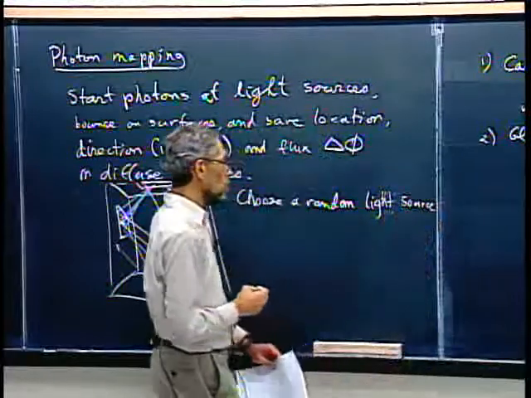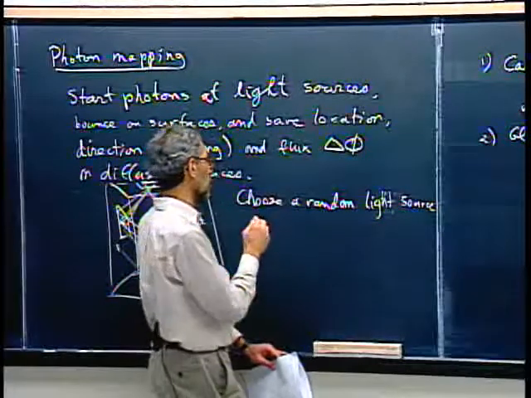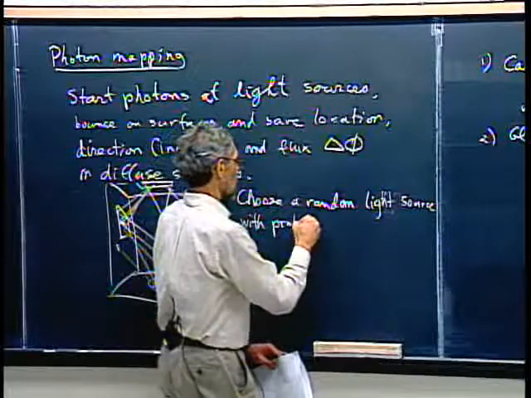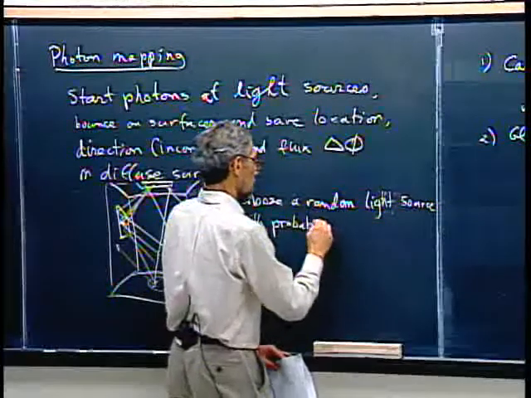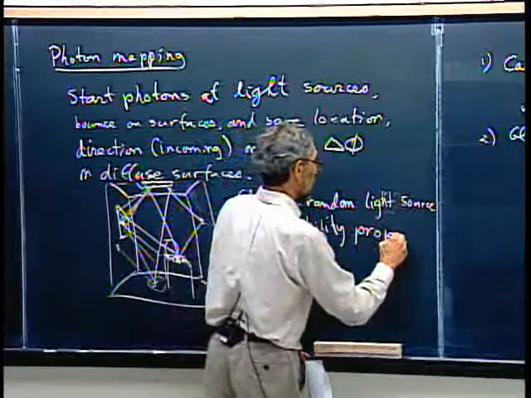And this is like when you were doing your direct illumination, if you had multiple lights in the room, with probability proportional to its power.